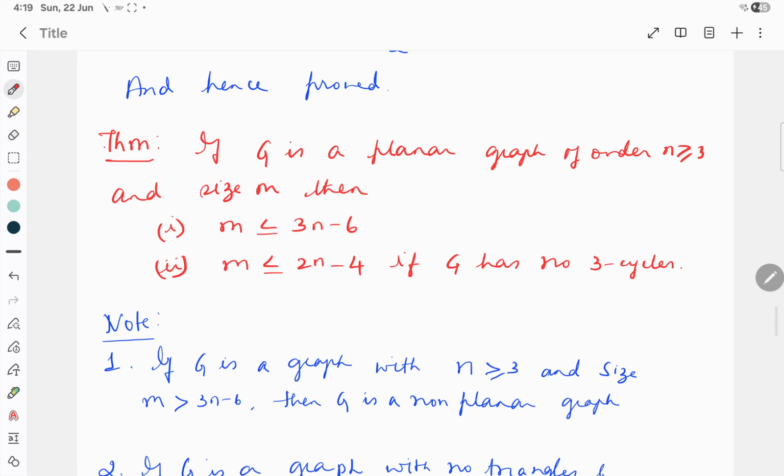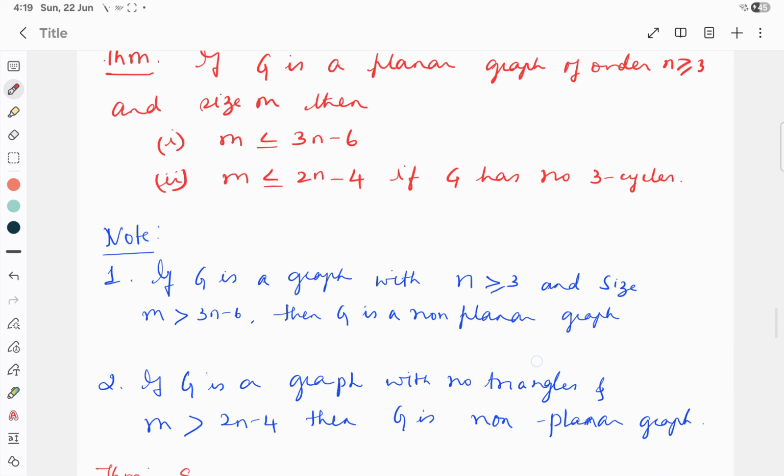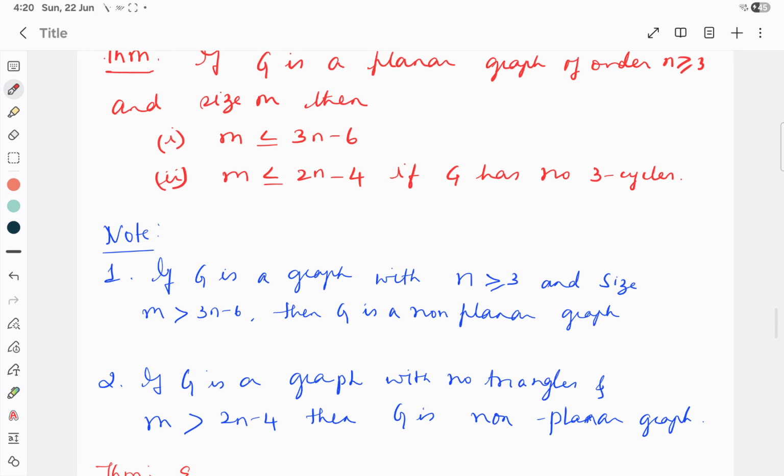So this theorem can also be written in this form, the condition for a non-planar graph. If G is a graph with n greater than or equal to 3 and size m greater than 3n minus 6, so it is the negation of the condition m less than or equal to 3n minus 6, then G is a non-planar graph.